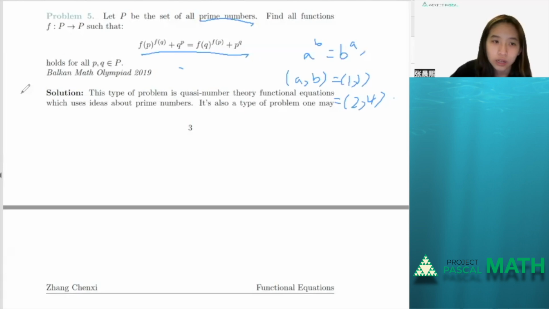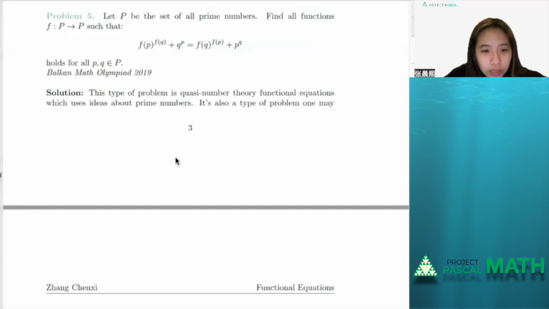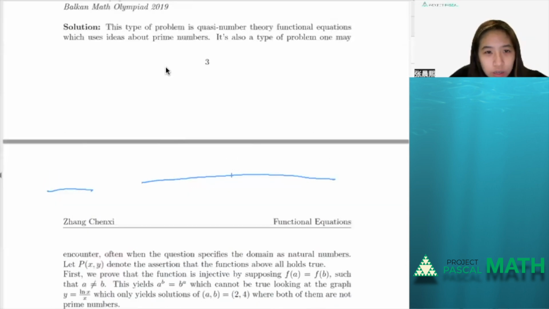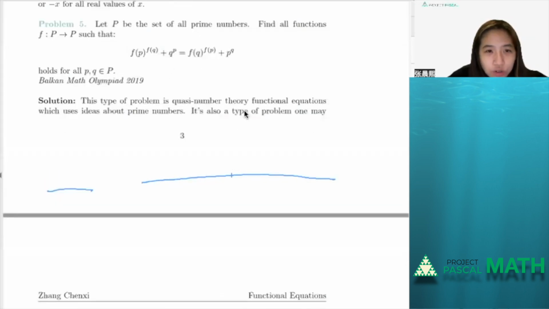But then let's go about it the functional equation way. Again, similar thing. First prove the function is injective by supposing f(a) equals f(b). If you suppose this is true, you get f(a), f(b) plus a^b, b^a.